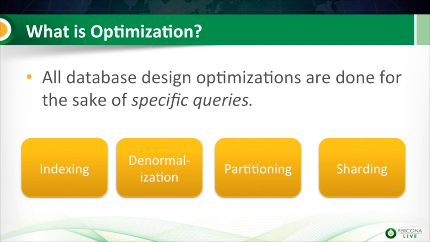These are all exception cases. Designing indexes is actually a form of storing data redundantly. We just have the convenience that it stays updated when we make changes to the base table. Denormalization is also storing data redundantly to avoid expensive joins or functions or group bys. And then partitioning and sharding are ways of splitting up data so that we can access a smaller subset of it instead of having to access a very large table to search for what we're looking for.